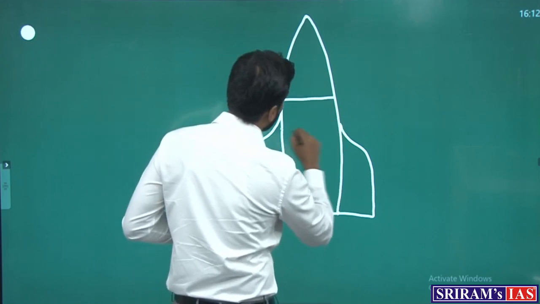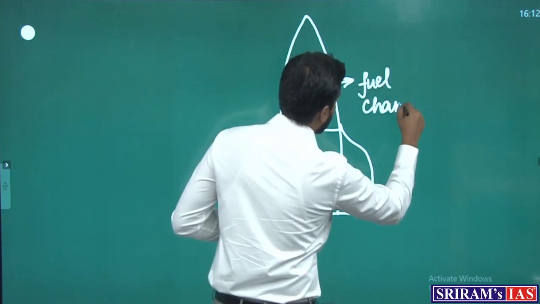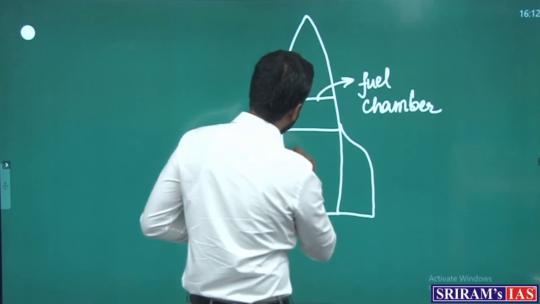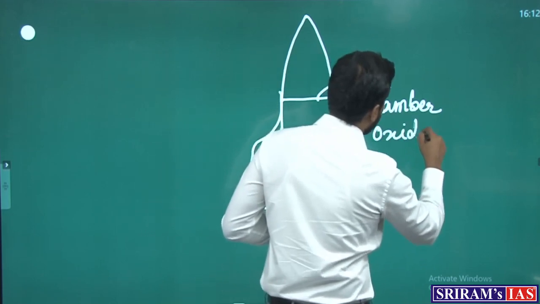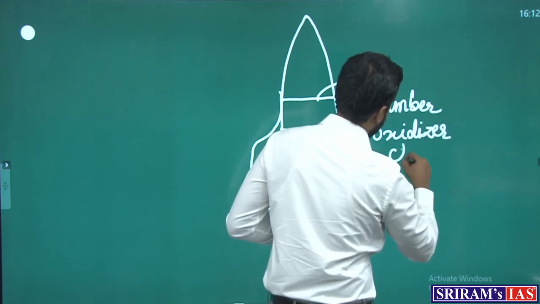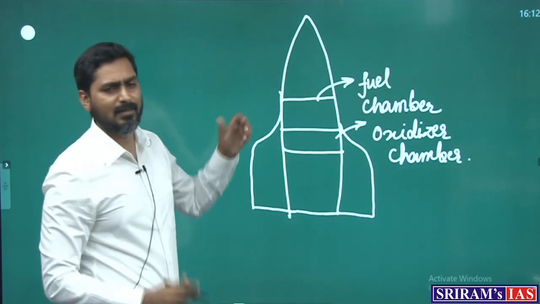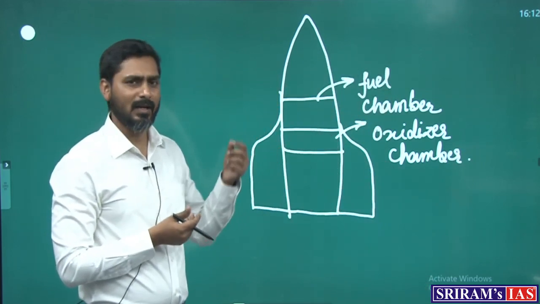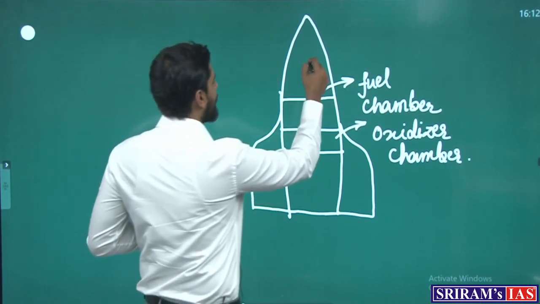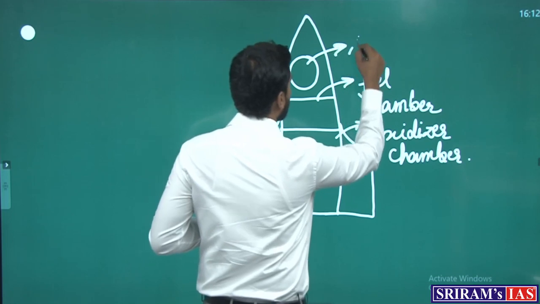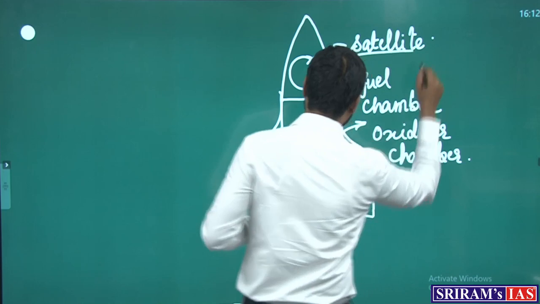So there is this fuel chamber, then there is this oxidizer chamber, and let us say this is a launch vehicle which has only one stage. By one stage it can send a satellite here. Let us say the satellite, that is the payload, is kept here in the upper portion.